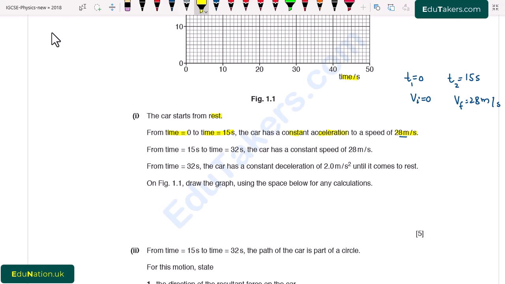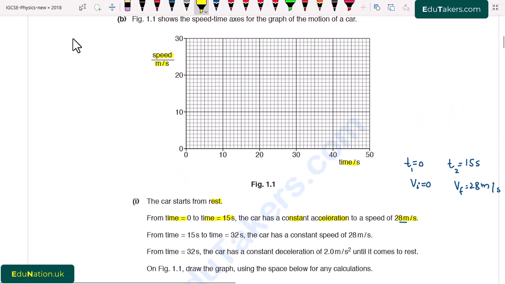So going back on the graph, first of all, constant acceleration means uniform speed. It means uniform speed.